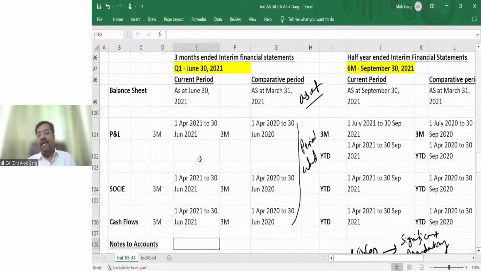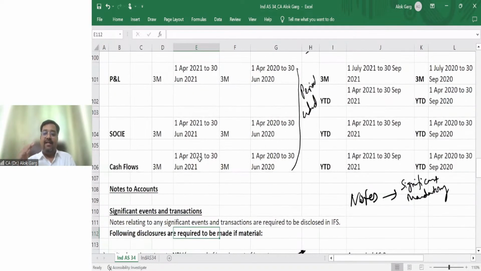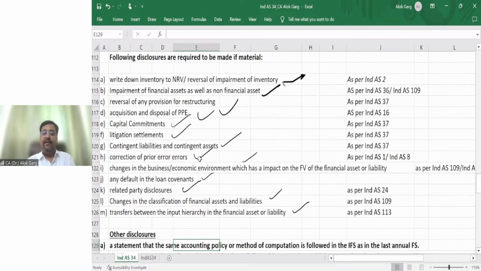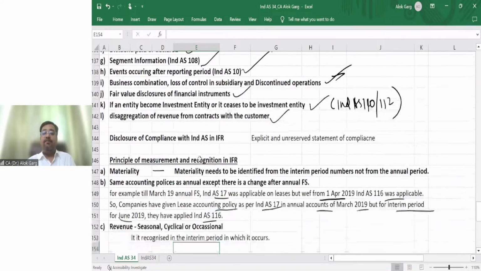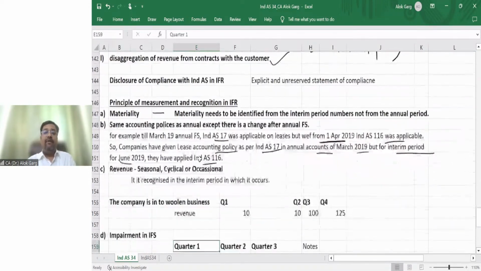Balance sheet will always be as at the last year end. Otherwise, P&L, SOCE, cash flow, it is for the comparative period. P&L is for the current quarter as well as year to date, but SOCE and cash flow will always be year to date, right?